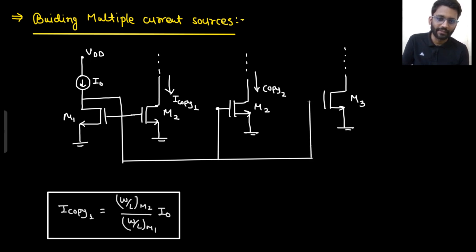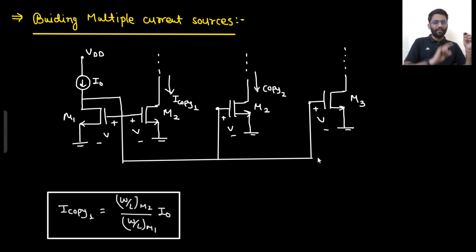Bias means DC voltage. So if VGS value is V here, then this also has the VGS value V. Now this is 0, this is V. So V is traveling here and V will reach here. So this is again V.